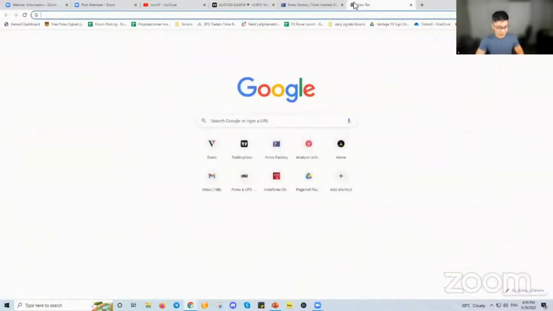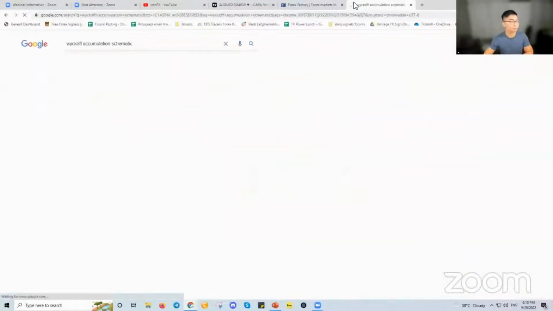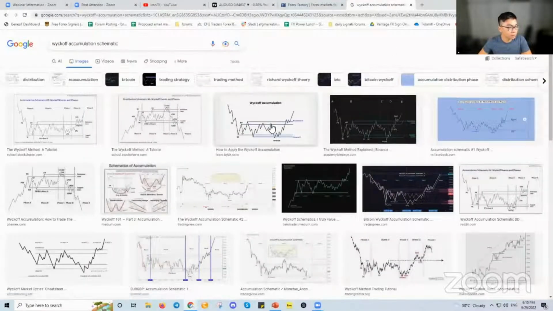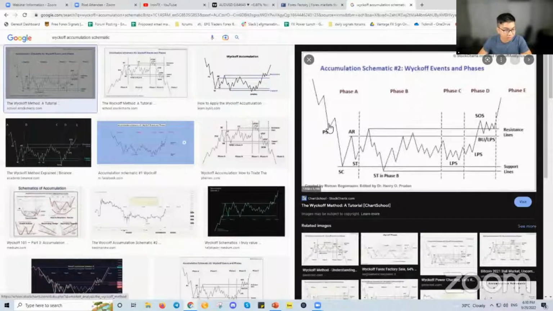Let me show you how it looks like. Wyckoff accumulation schematic. I'm a very, very technical person. So what we are looking at, this is the Wyckoff accumulation schematic, where I follow a flow of letters. A flow of letters. PS, I'll type out everything. What is SC, what is AR, what is ST, STB, LPS.